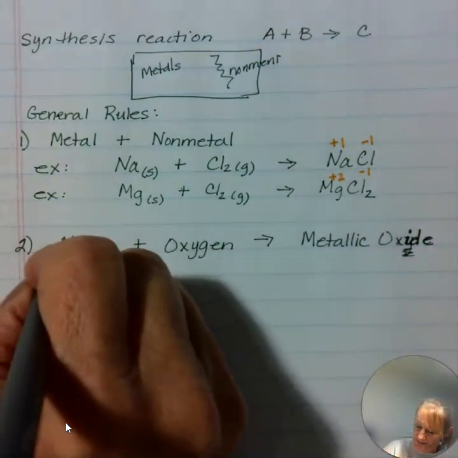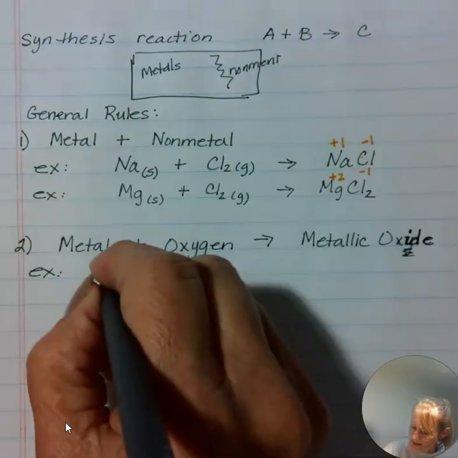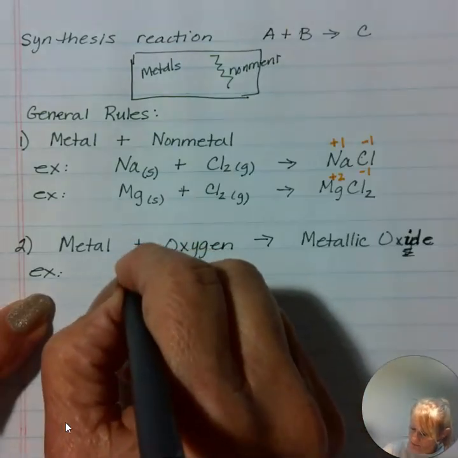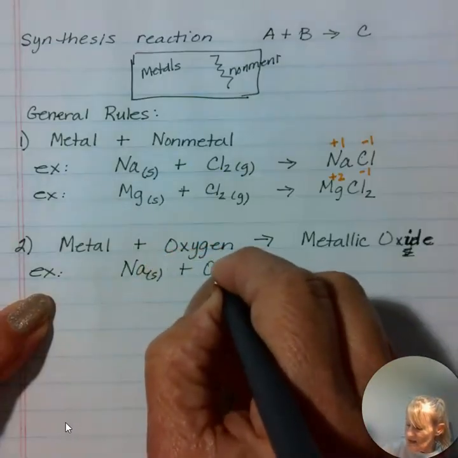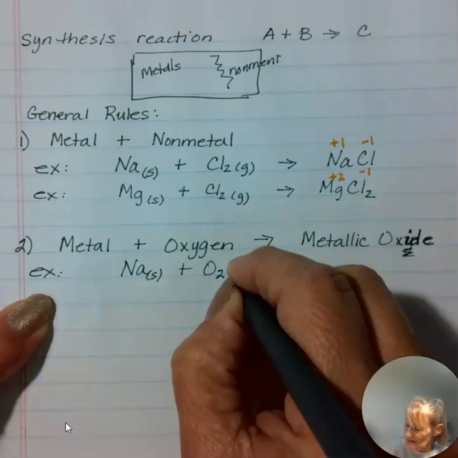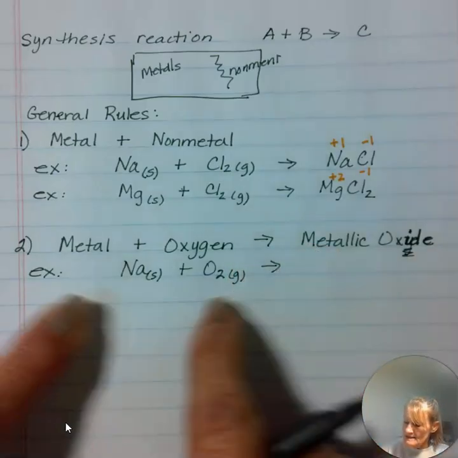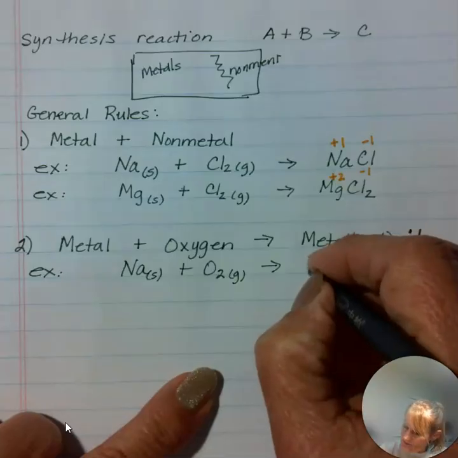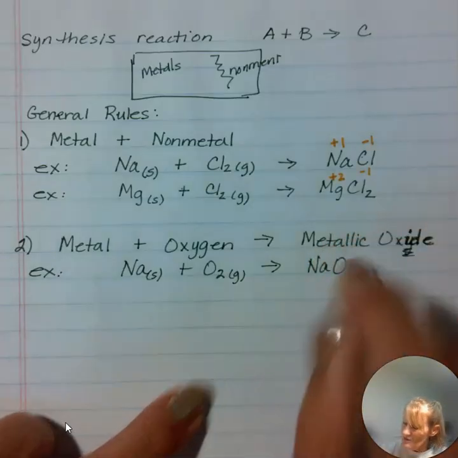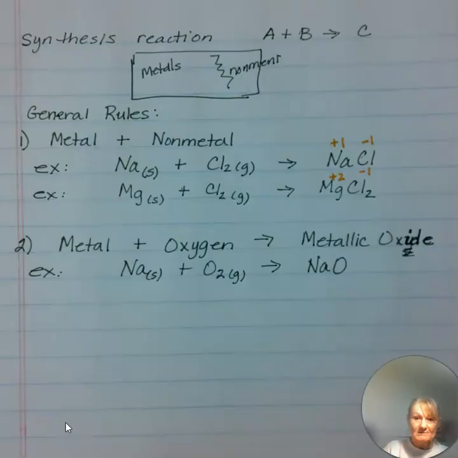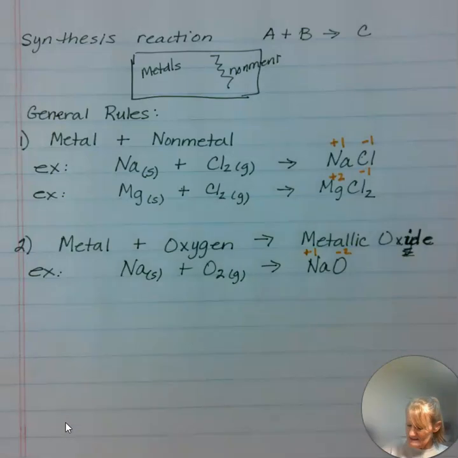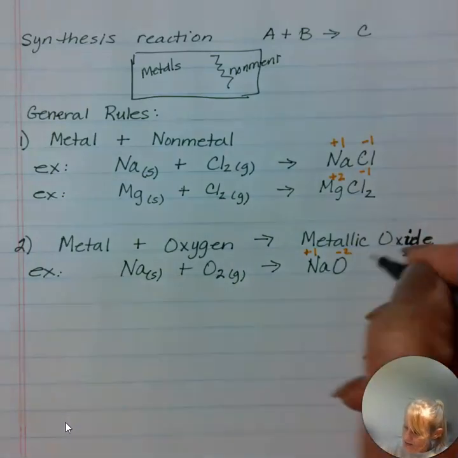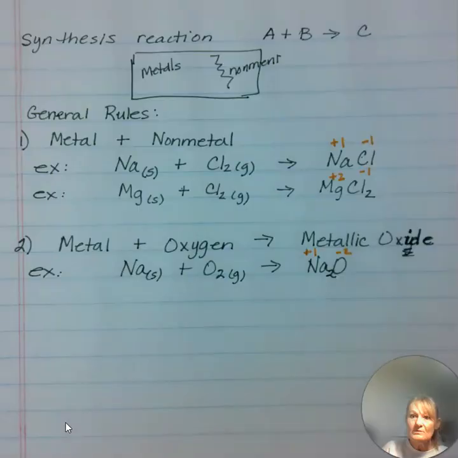An example of that might be, again, a metal. So I'm going to go ahead and just use sodium again. And this time I'm combining it with oxygen. I remember oxygen is my diatomic gas. And again, when I come over here, I'm going to just have the Na and the O. See, that doesn't change. I'm going to check my charges again. So sodium has a +1, oxygen's a -2, and I didn't leave enough room there, but it would be Na2O.